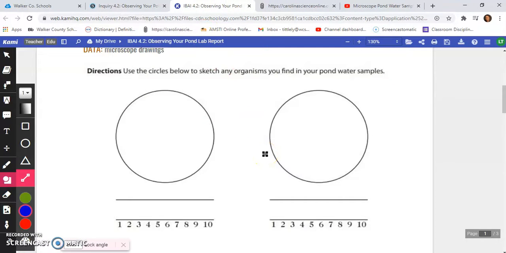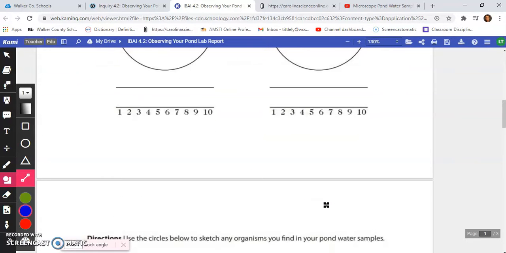So you can go back and look at that video footage and pick out any 4 of those microorganisms that you saw and draw those in your microscope circles. And you may not know the name of the actual organism, but you can simply put pond water organisms. That will be fine if you don't know what they are.